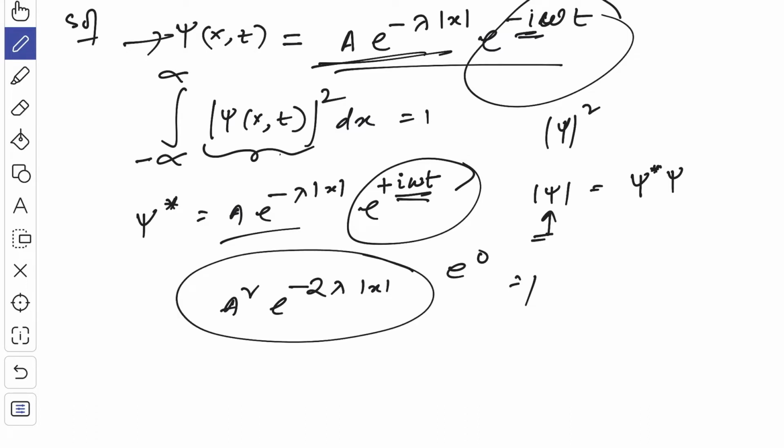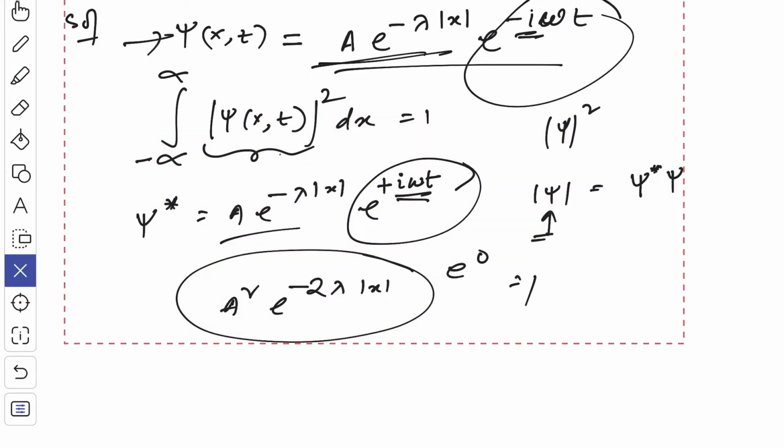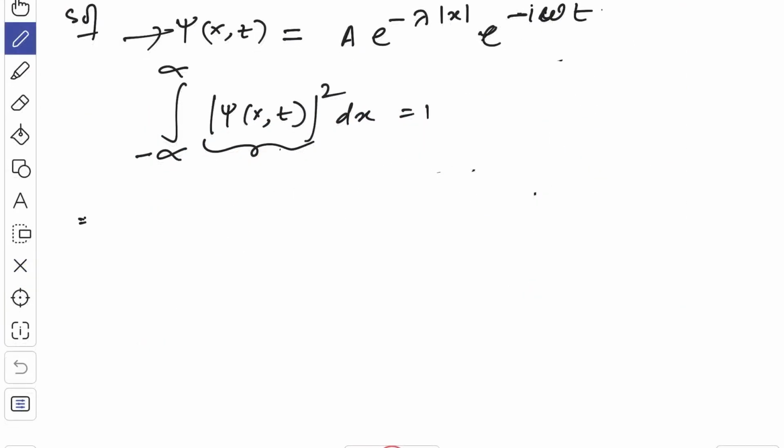Let me clean this first. It implies integration from minus infinity to plus infinity, we can write the A square outside, e to the power minus 2 lambda mod of x dx is equal to 1.